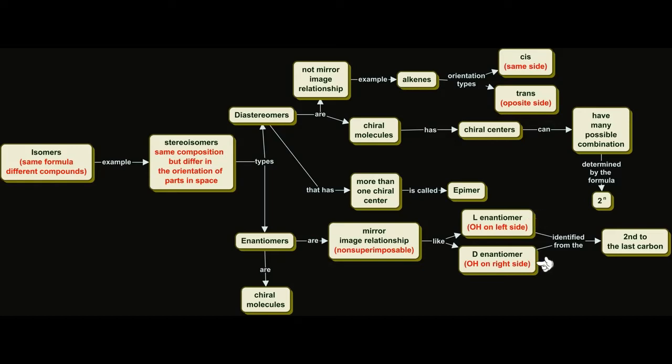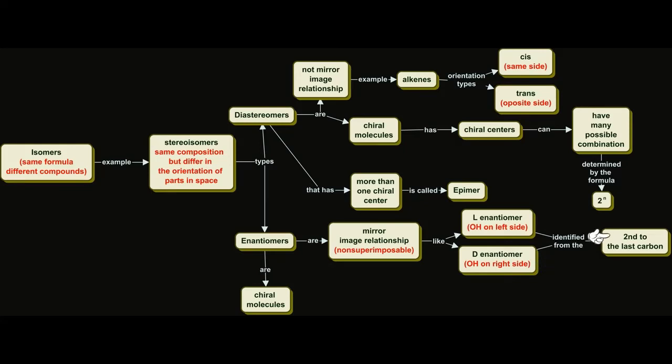The other type of enantiomer is called the D-enantiomer. D simply means dextrorotatory, or right side orientation. This is how we got the name dextrose, because most of the monosaccharides are right-handed molecules.